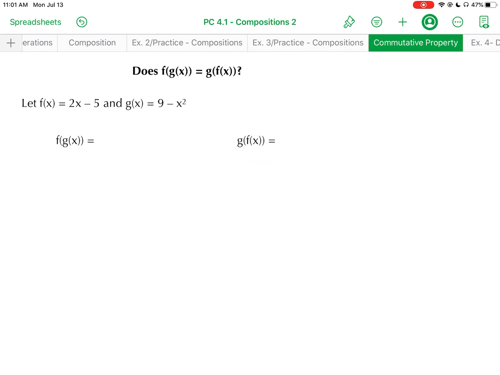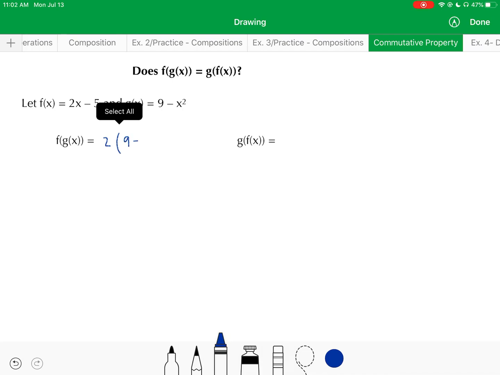All right, so f of g of x would mean take the function g, plug it into f. So that would look like this. And now we simplify. 18 minus 2x squared minus 5. That's going to turn out to be negative 2x squared plus 13.